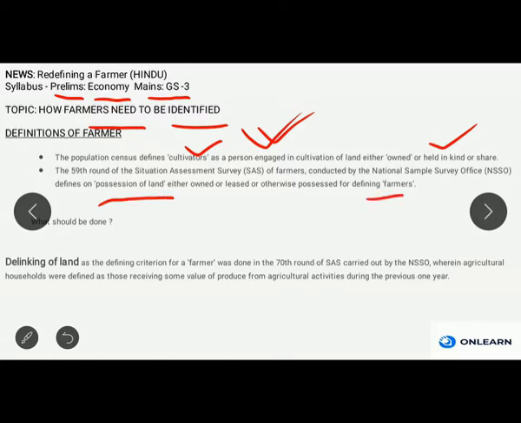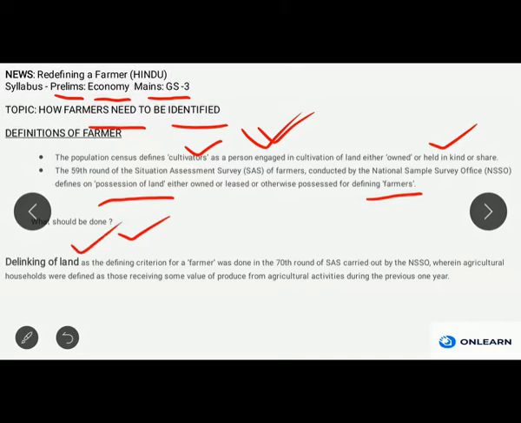So in both cases, the farmers of India are defined on the basis of the land that they own. Now, what should be done in order to define a farmer properly, so that they get every claim that they make, and every scheme of the government reaches the farmer in ample and correct time?